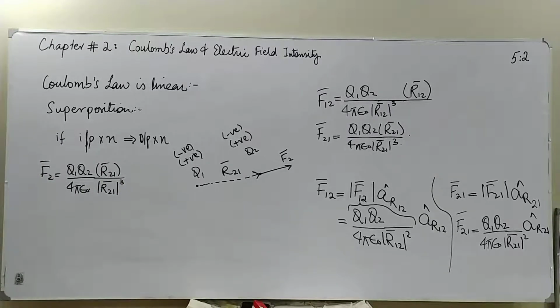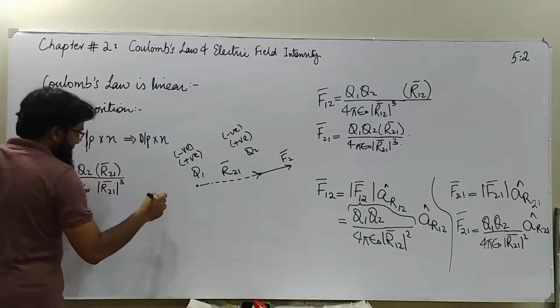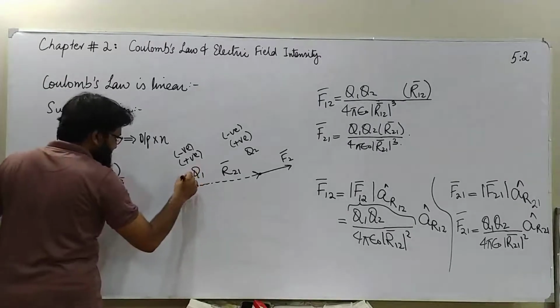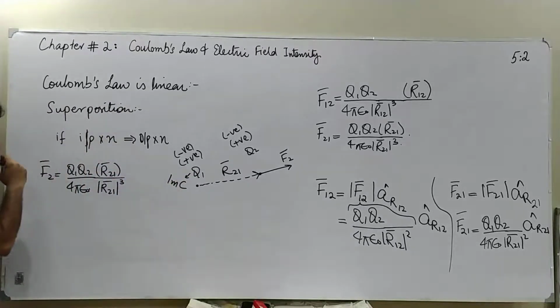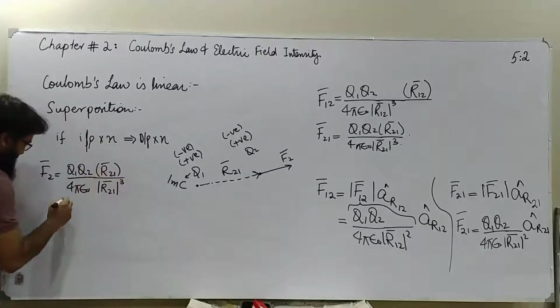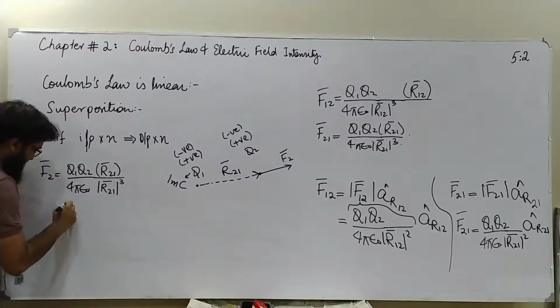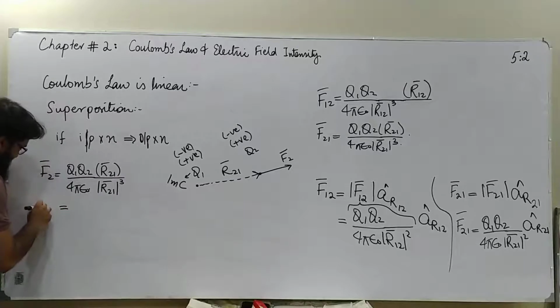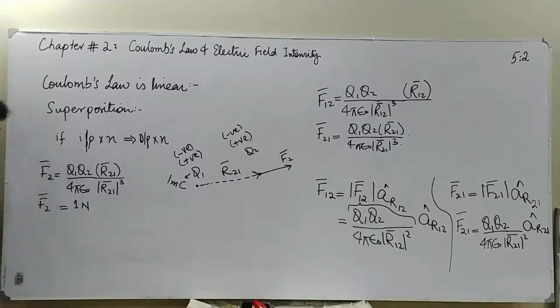Okay, so let's say, for the sake of argument only, the value of Q1 is 1 millicoulomb, and somehow magically, not magically, scientifically, the distance is such that the force on 2 comes out to be, let's say, 1 Newton.